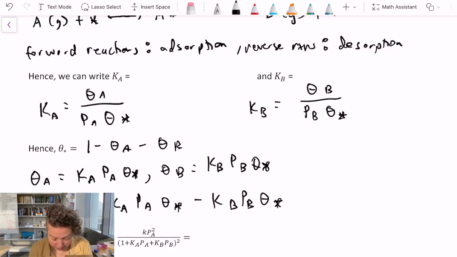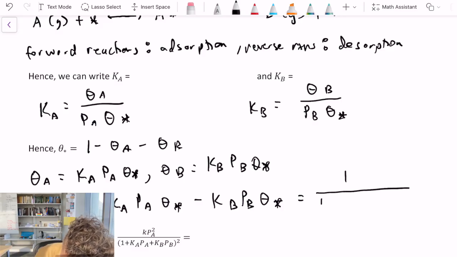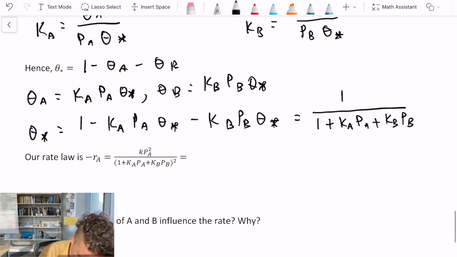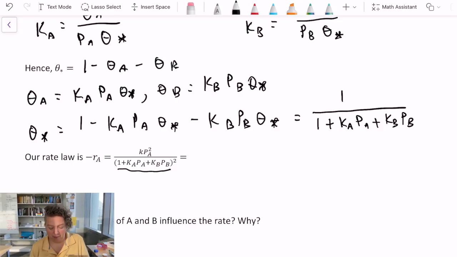And I can rearrange that. So I'm going to basically group my theta star terms, and if I do that, I can work some algebra to get this expression here, which is exactly this term inside the parenthesis here, which is what I told you at the beginning of the class we were going to get to.